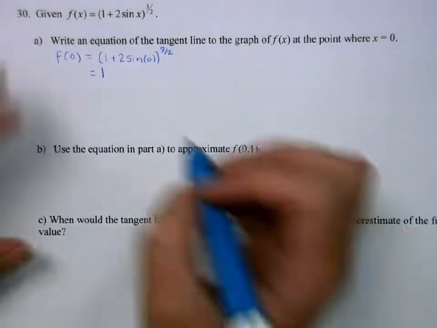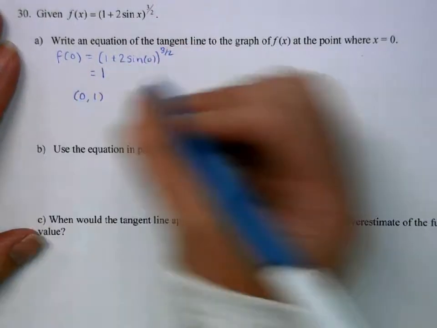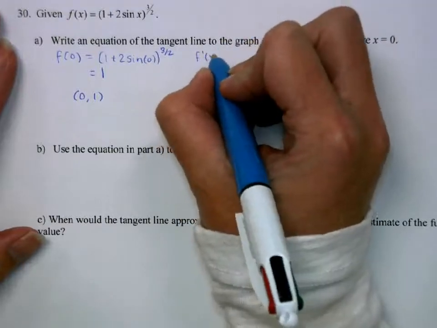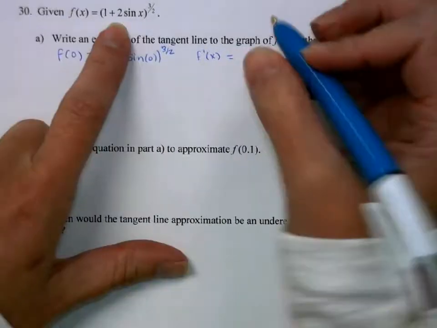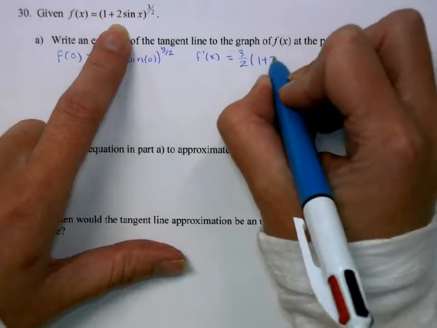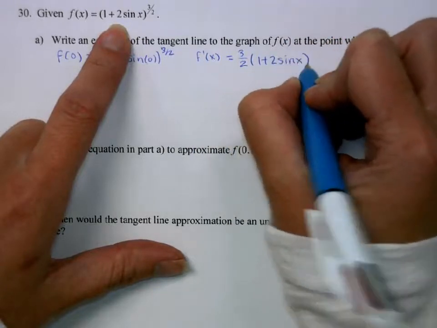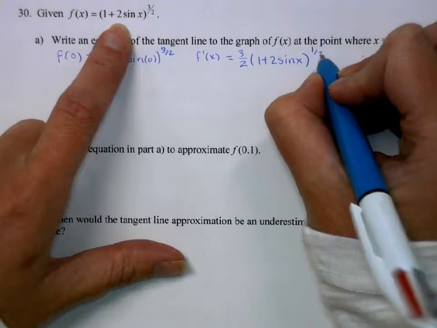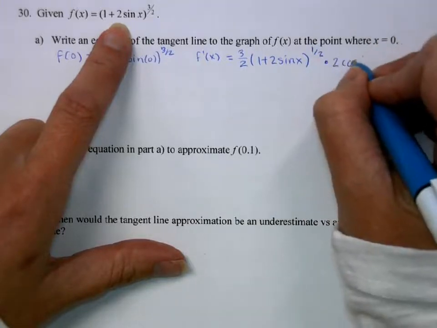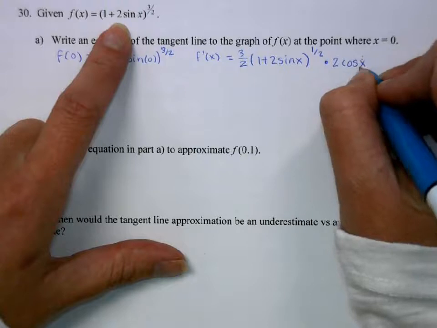For the slope, we take the derivative. We're going to have to do a chain rule here, so we'll do the power rule first. Leave the inside alone. Subtract 1. Then multiply by the derivative of the inside. Okay, then we'll evaluate this at 0.